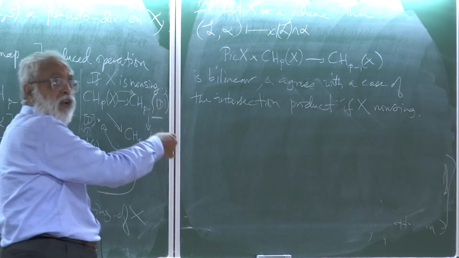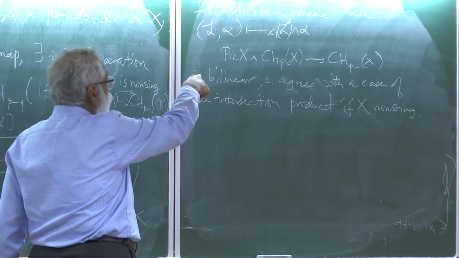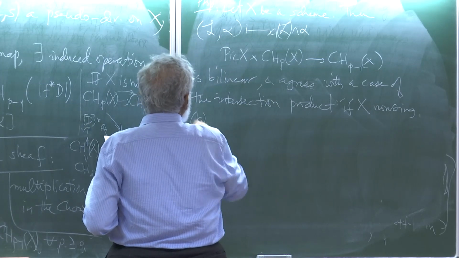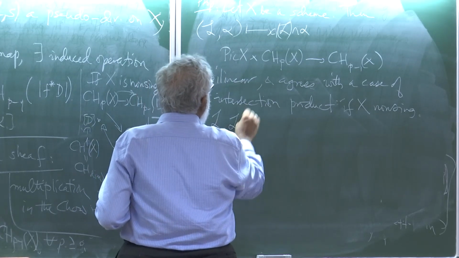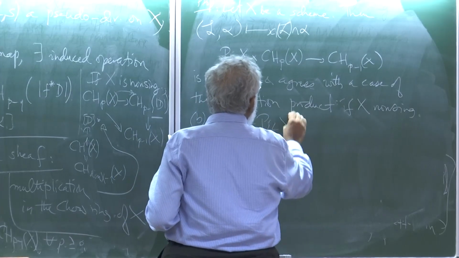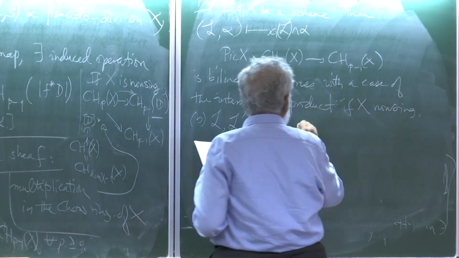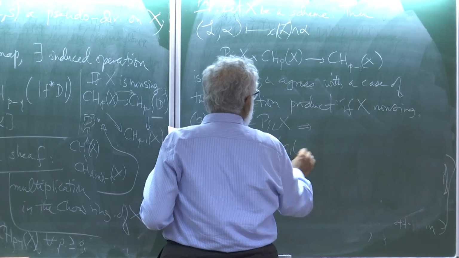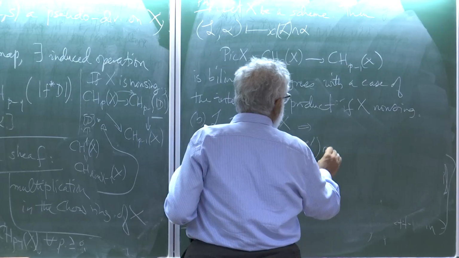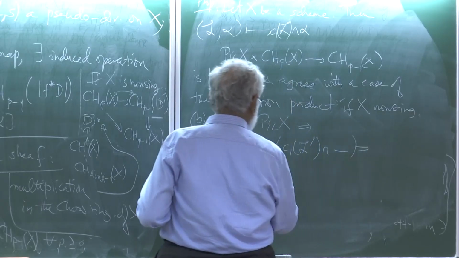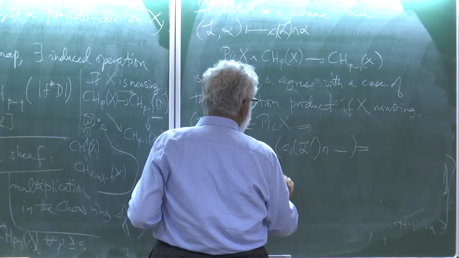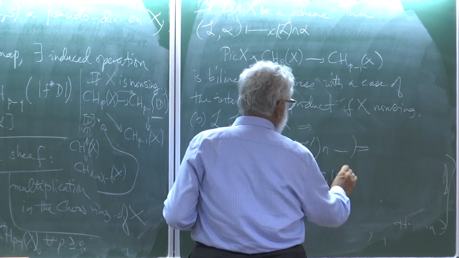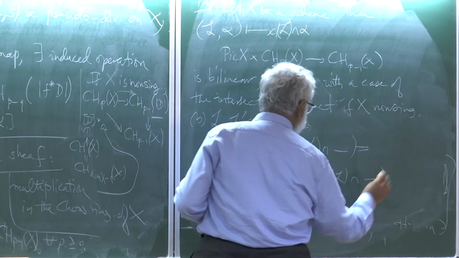But now I'm extending to arbitrary X, where L is in Pic X. And then you have obvious things like L' in Pic X. Then I can do C1(L) cup C1(L') cup something. That's the same as C1(L') cap C1(L) cap alpha.